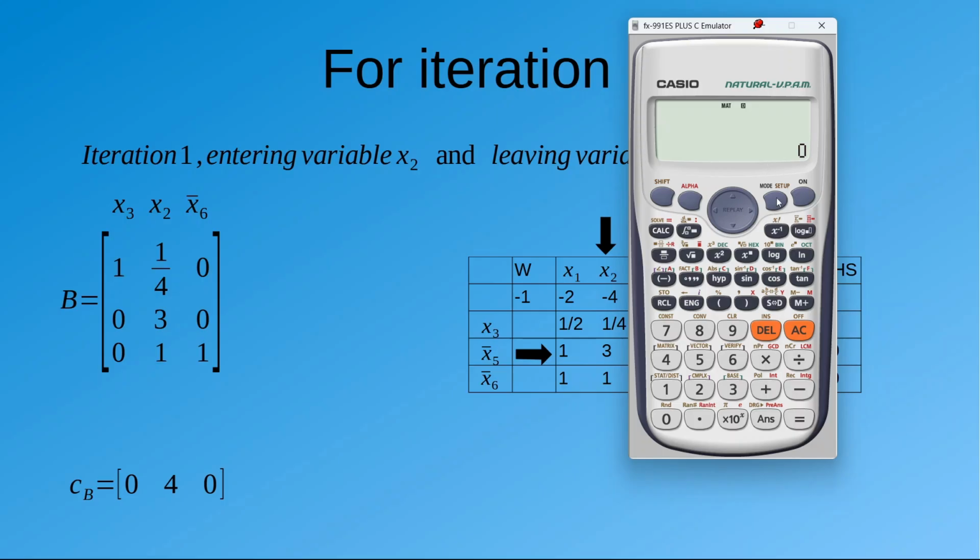Yes. So let's do it. Mode 6. Let's go to B. And let's go to 1. Now we need to update it. So this is going to be 0.25, 3, and 1.